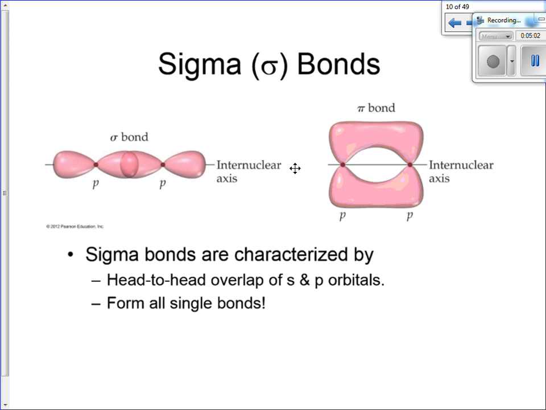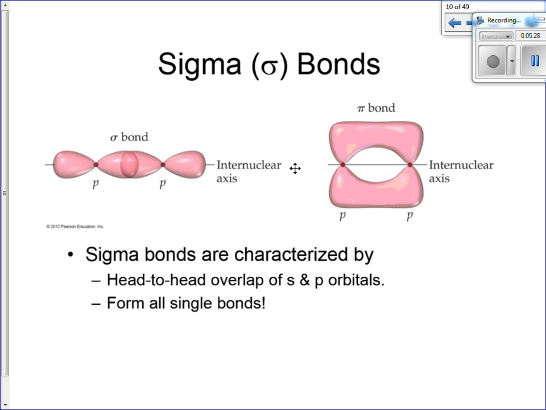The s's and p's overlap, and you get what we call a sigma bond. The sigma bonds are formed for all of our single bonds. It's always an s and p that's going to overlap in a single bond. Okay, for the sigma bonds. So anytime you see a single bond, you know sigma. Okay.